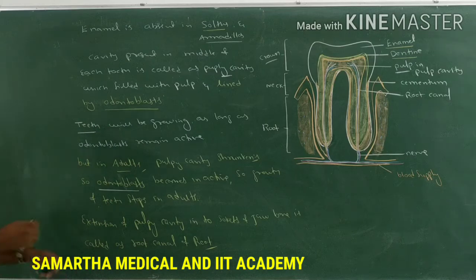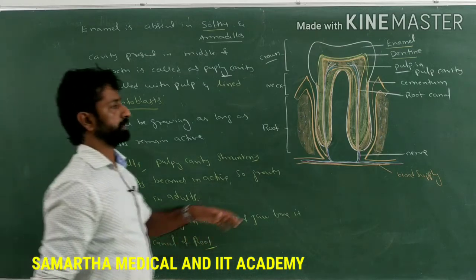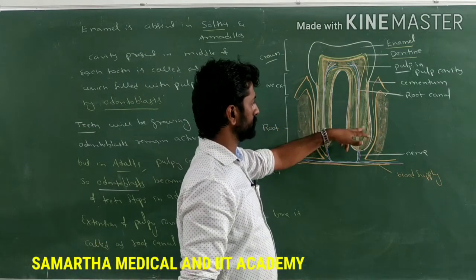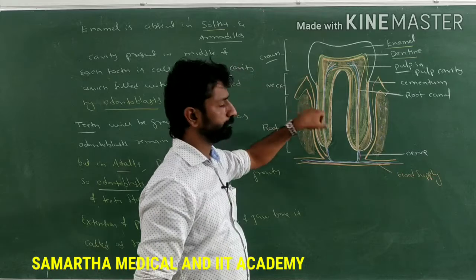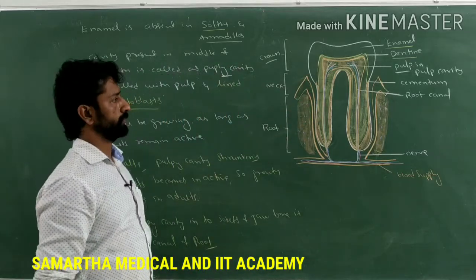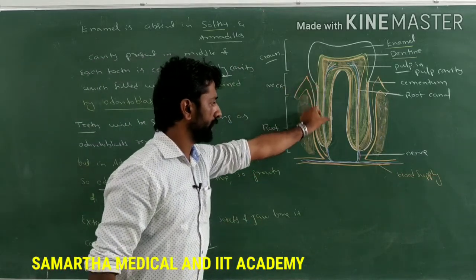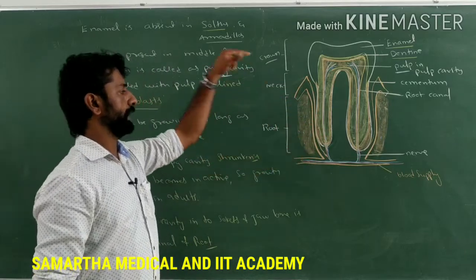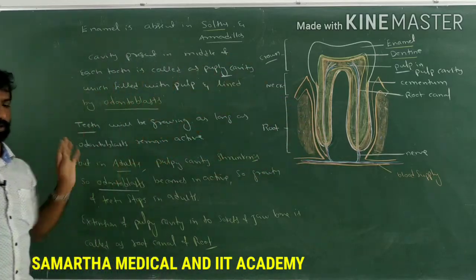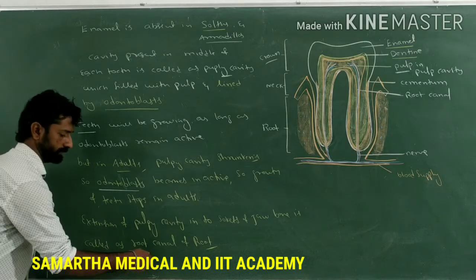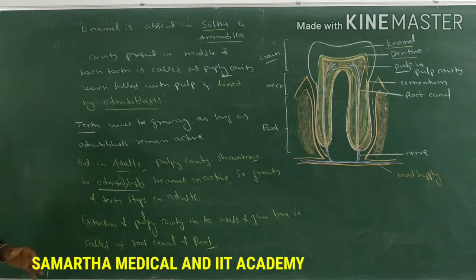Where do you find the presence of the root canal? This root canal is present in the root part of the tooth. So the extension of that pulpy cavity along the axis of the root is called a root canal. Is it clear? Make a note of these points now.